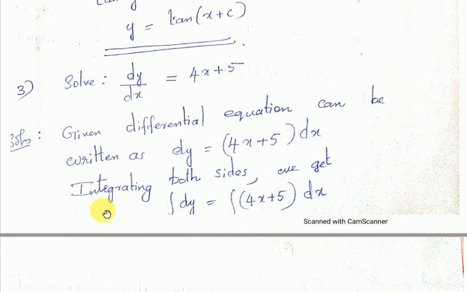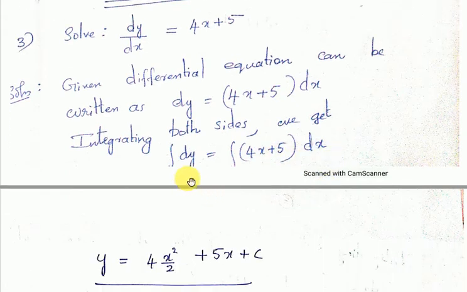We get integral dy equal to integral 4x plus 5 dx. Integral dy is y. Integral 4x dx: 4 is a constant, we can take it outside the integral. So 4 into integral x dx, which is x square by 2.